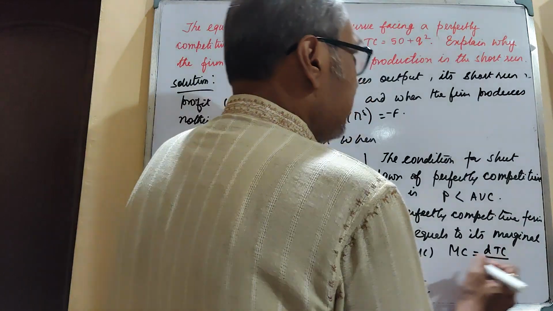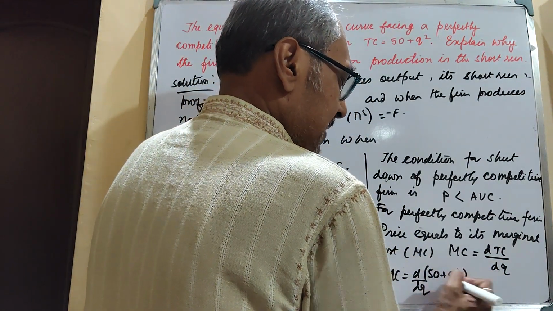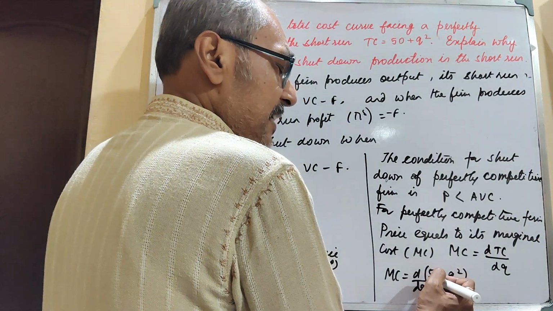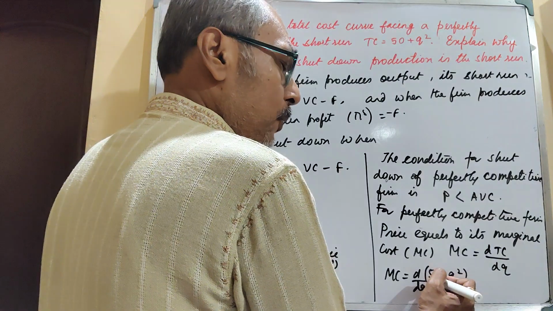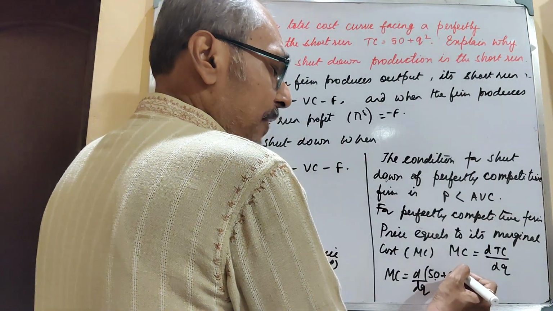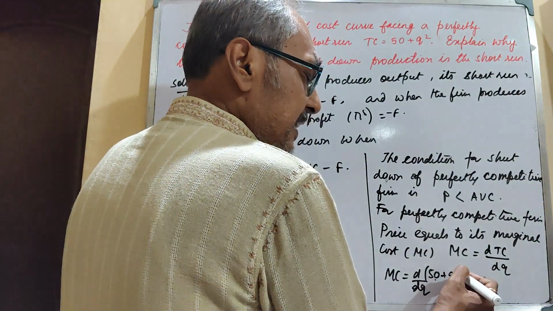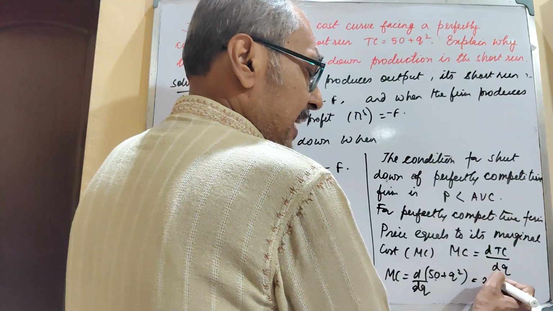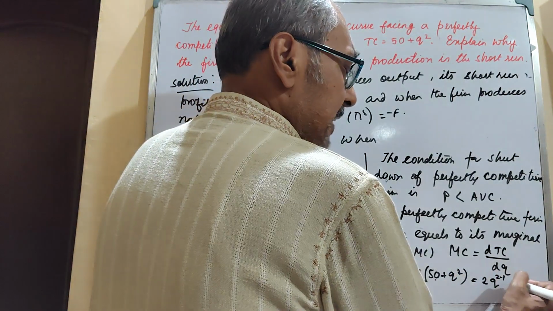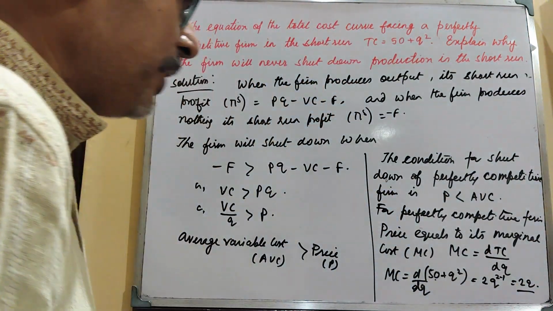In place of TC, I am writing 50 plus Q squared. 50 is a constant, therefore the differentiation of 50 is 0, and if we differentiate Q squared with respect to Q, the power 2 comes down, then Q to the power 2 minus 1, that is 2Q. The marginal cost is 2Q.